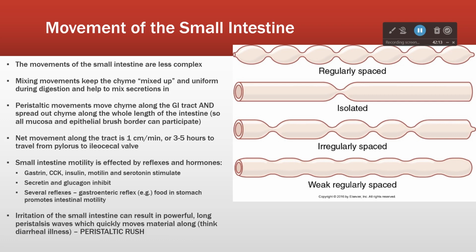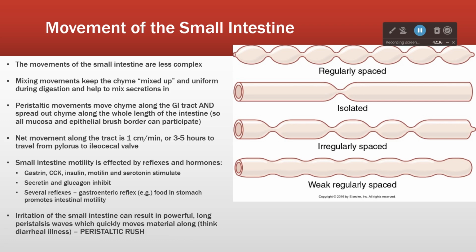Now, it can dramatically increase. If you look at the bottom one, irritation of the small intestine will result in what's called peristaltic rush. The easiest way to describe this is when the intestine is irritated, it tries to empty itself as quickly as possible. This is one of the causes of diarrhea, right?